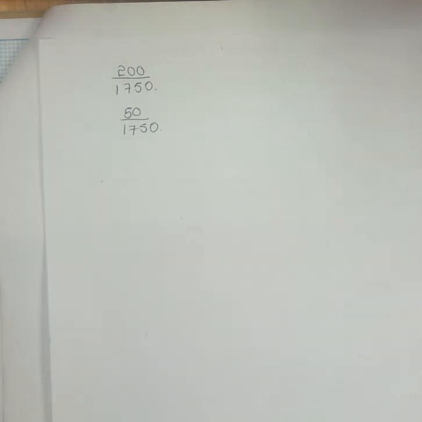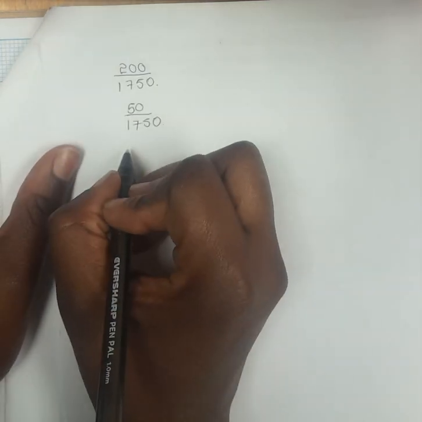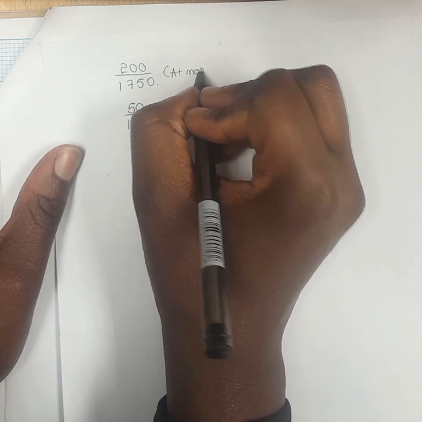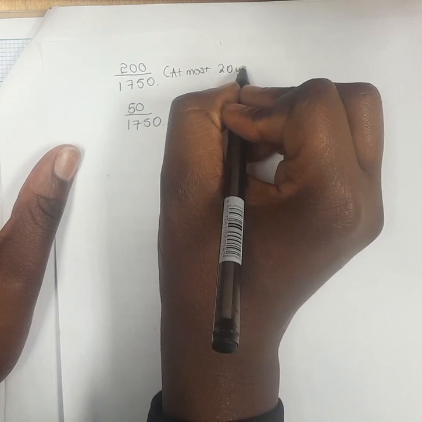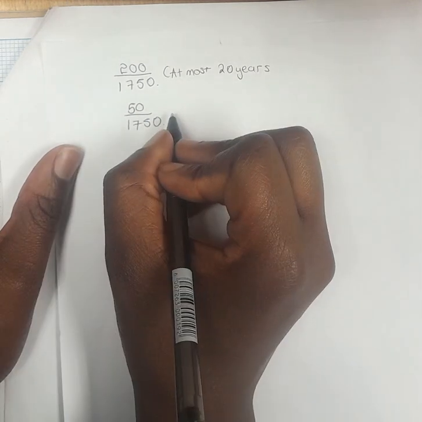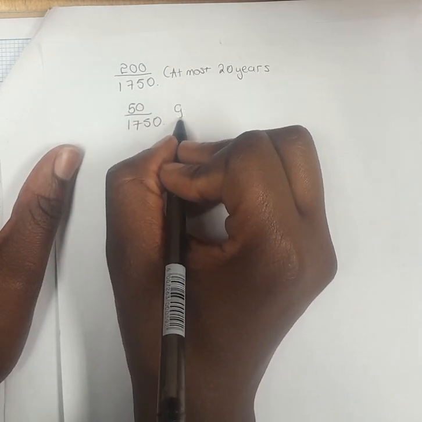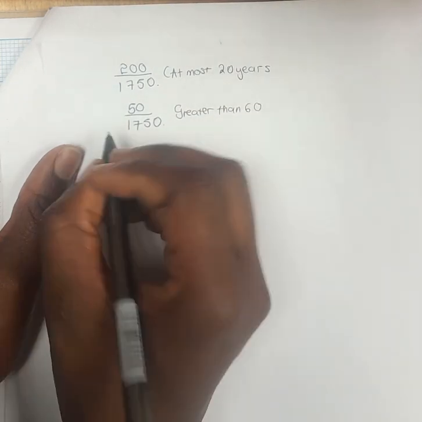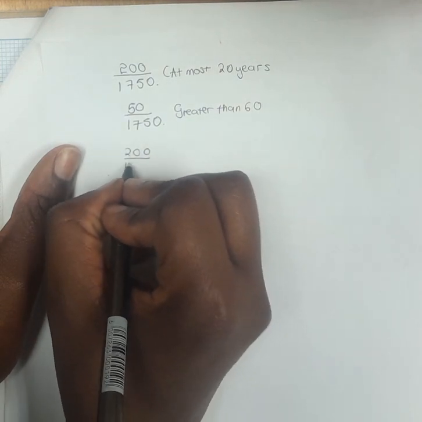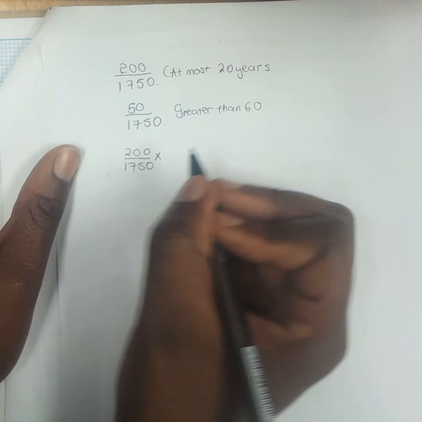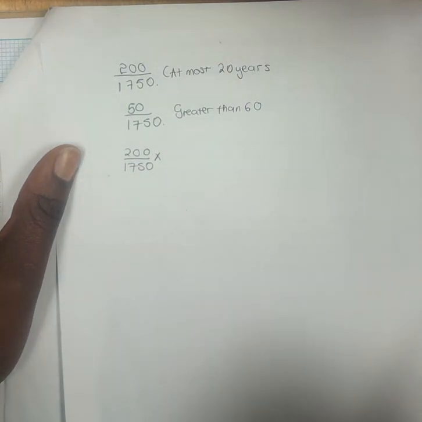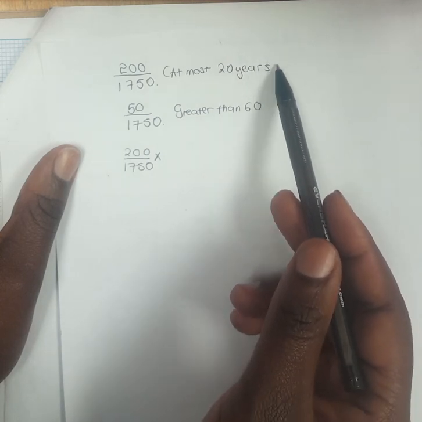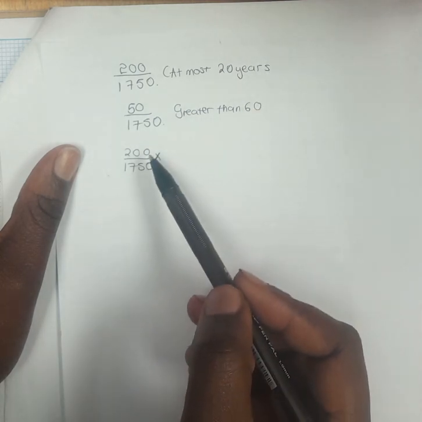And then when we are now calculating the probability, we are going to say either we select at most 20 years first, and then later on select the one that is greater than 60, right? So when we are writing, we are going to say 200 over 1750 times. The selection of the first category of having at most 20 years is going to affect the total.